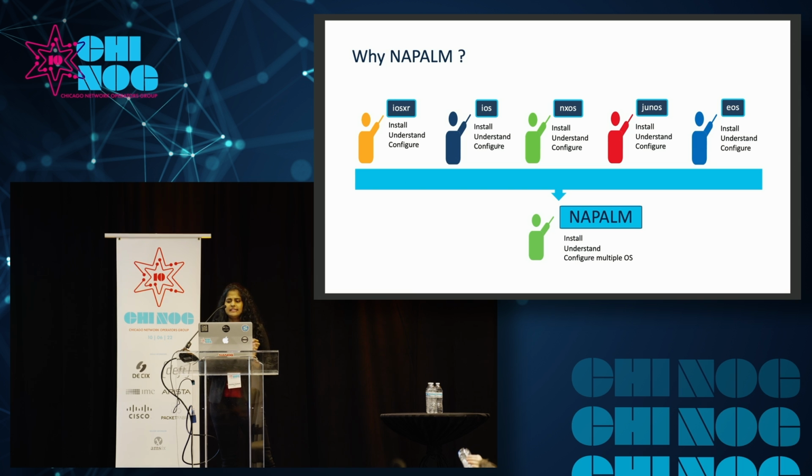This is going to take more time, and also more of the individuals' time. Instead, you can use Napalm, where you can assign just one network engineer who can understand the overall working of Napalm and the APIs in it, install it, and configure multiple network devices of different operating systems using this Napalm Python library.